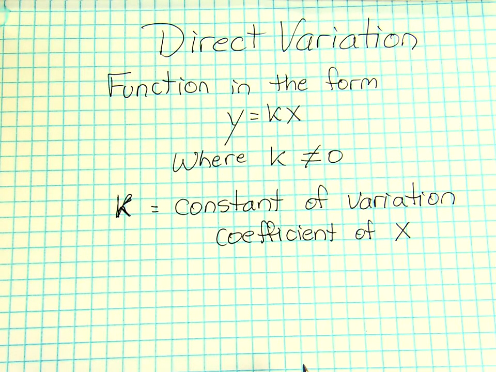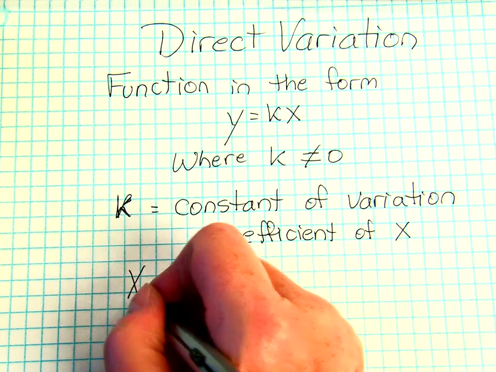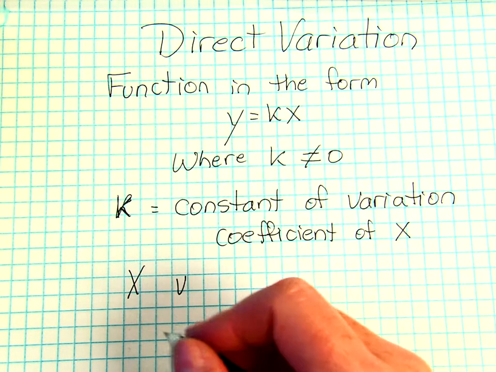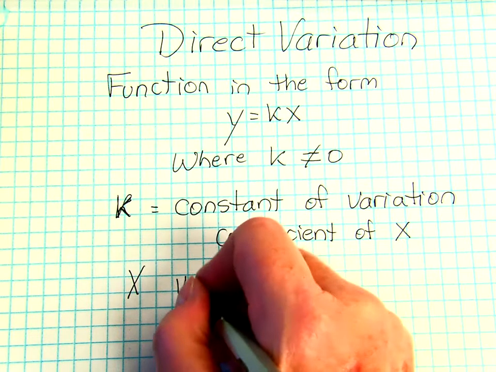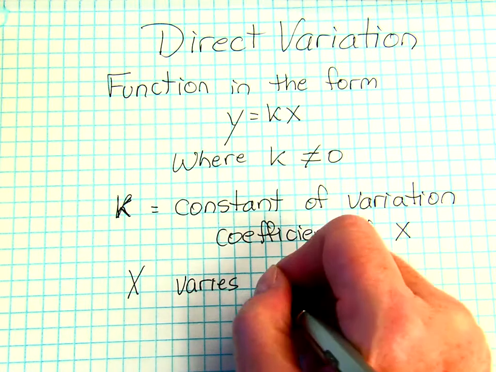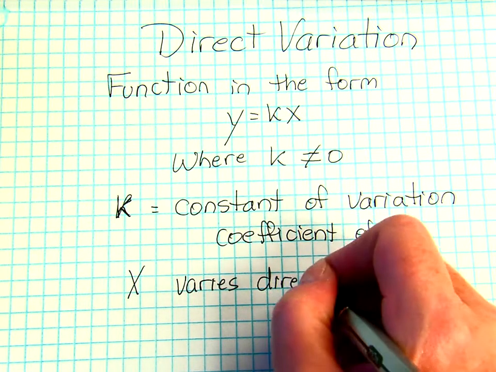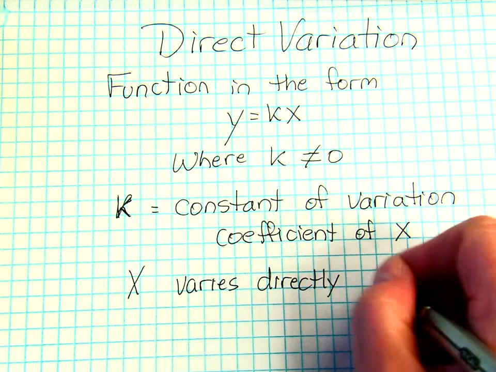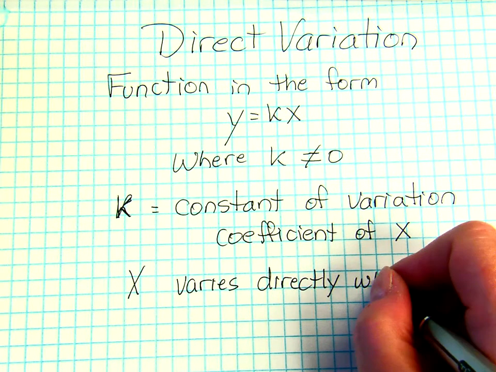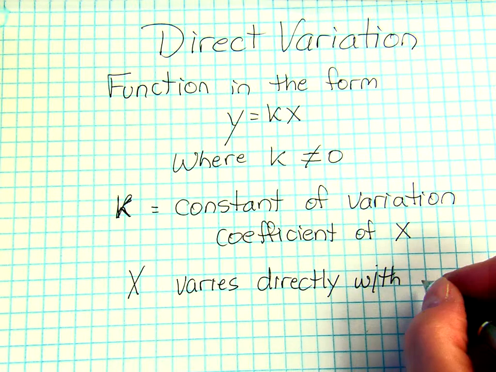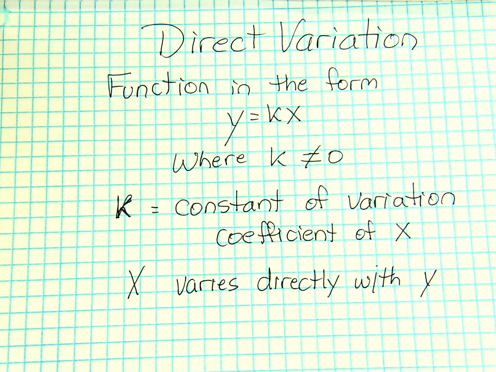When we look at direct variation, what this is saying is that y varies directly with x. So what does that mean?